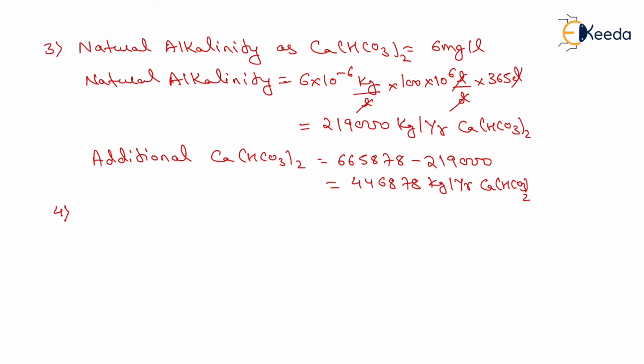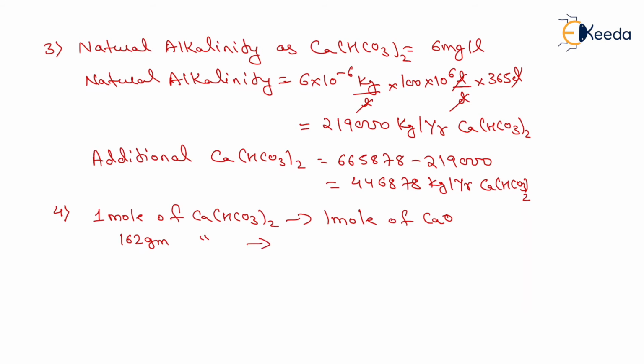Okay, now we know that for 1 mole of calcium bicarbonate we will require 1 mole of quicklime, from the mole concept of alum. Now what is the weight of 1 mole of calcium bicarbonate? 162 gram. Now 162 gram of calcium bicarbonate requires 56 grams of calcium oxide.